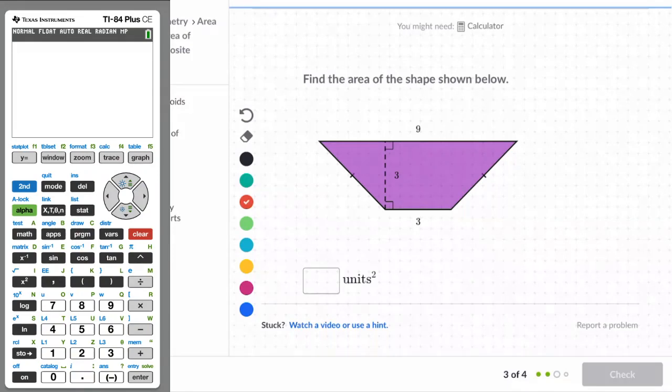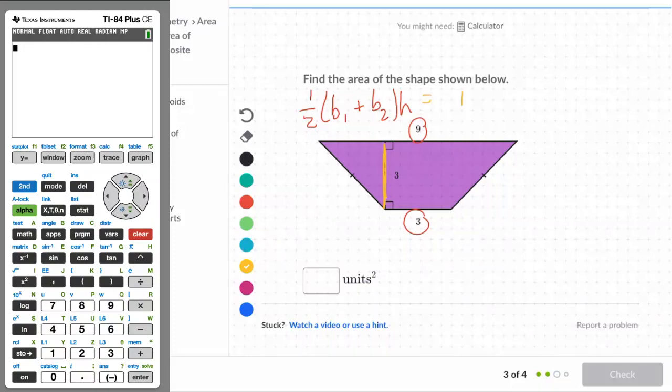So remember that your equation for a trapezoid is 1/2 base 1 plus base 2 times the height. So our base 1 is one of the bases, which is 3. Our other base is 9, and then our height is 3.